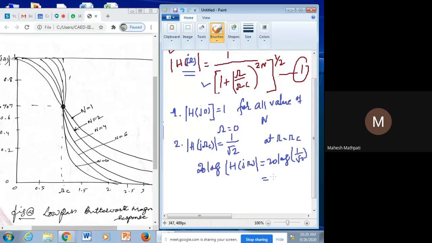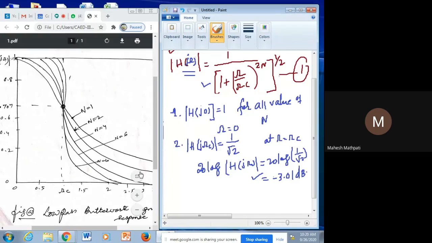What is its value? -3.01 dB, we can write. तो हम -3 dB लाइन बोल रहे हैं, हमें पता है आपको, राइट?